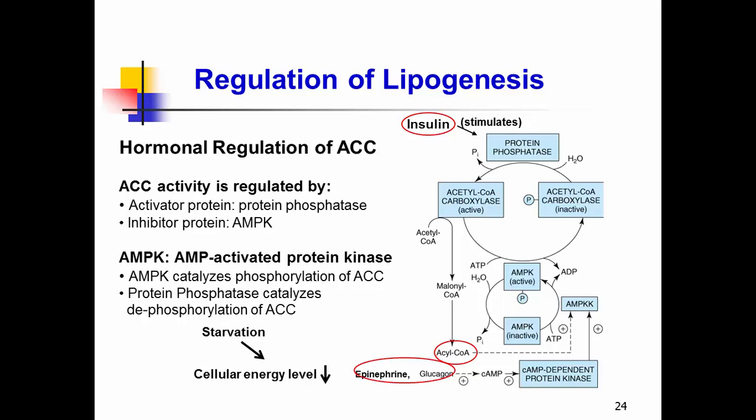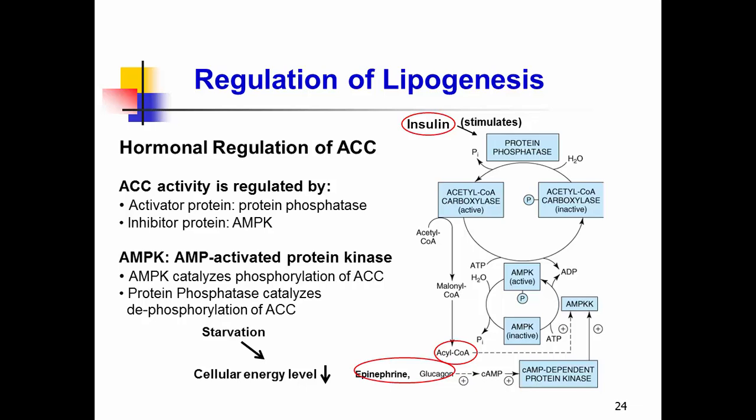So what AMPK does is to phosphorylate the ACC, right? So once ACC is phosphorylated, the enzyme activity is actually decreased, right? So AMPK catalyzes phosphorylation of ACC and inactivates ACC activities.